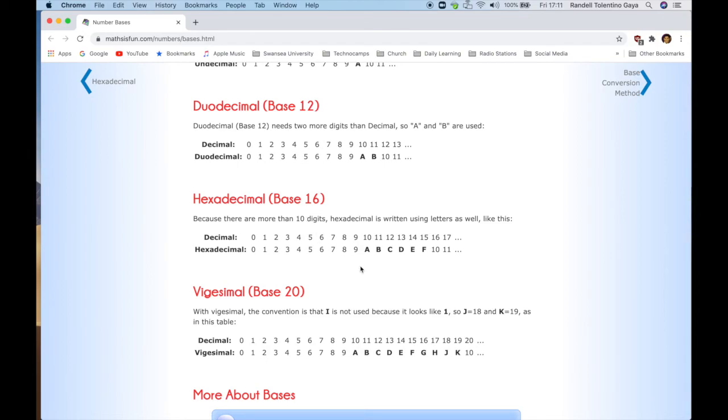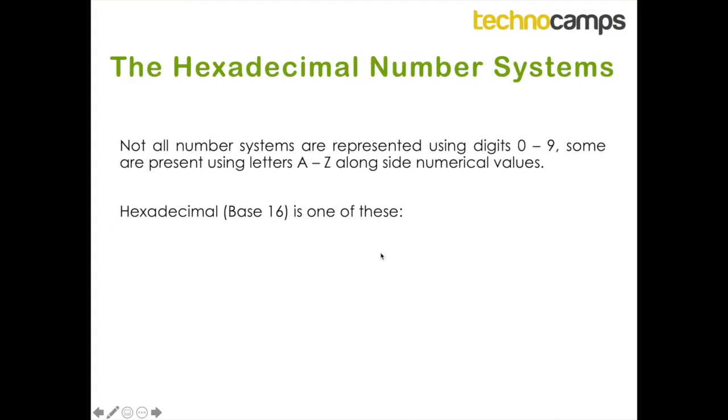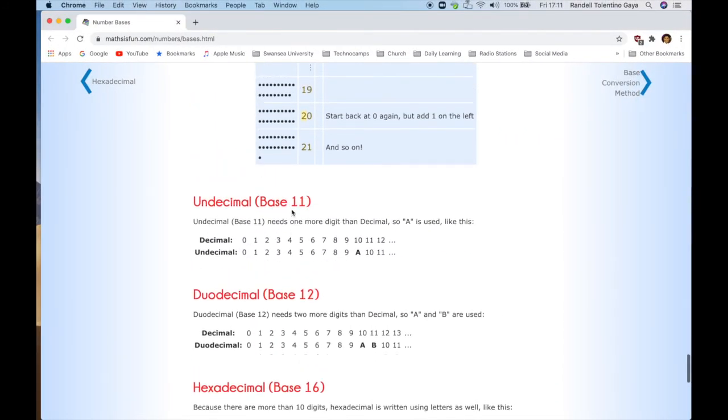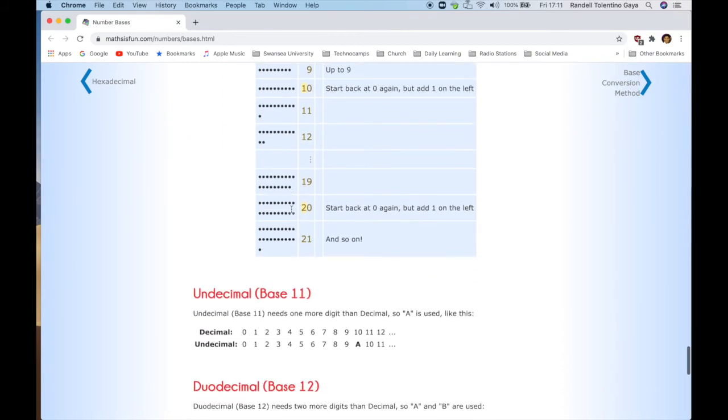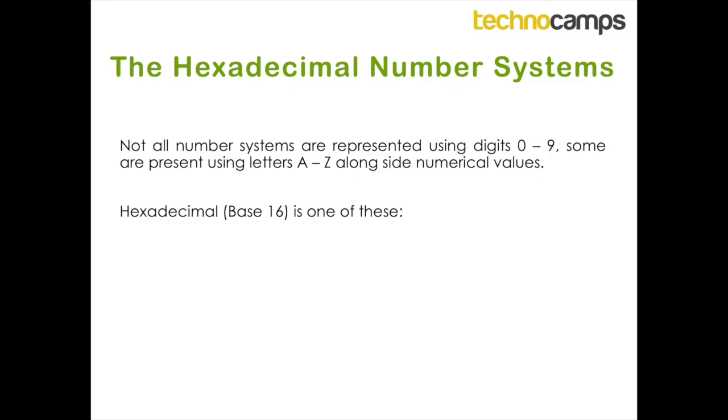Okay, and if I just go back to my slide, starting from base 11, I think it's base 11, yeah, starting from base 11, not all number systems are represented using the digits 0 to 9. Some number systems use letters in addition to those 0 to 9 digits.